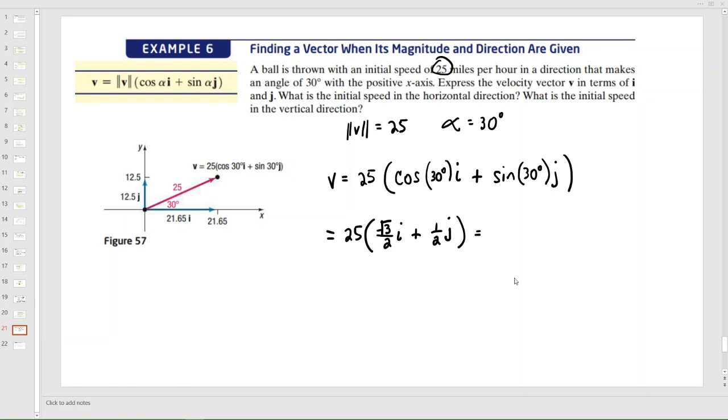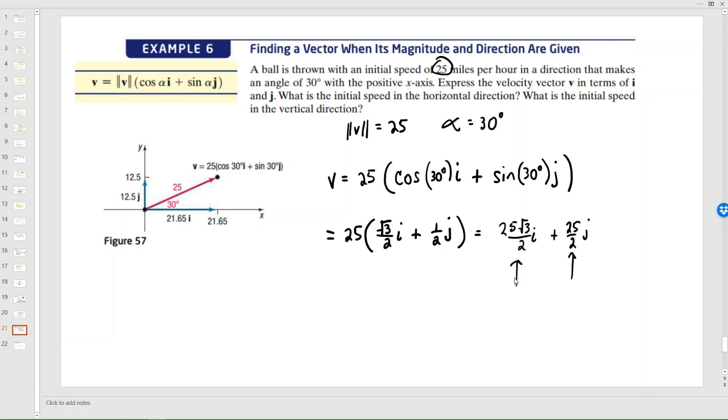So the vector v breaks down to 25 times the square root of 3 over 2 i plus 25 halves j. And this value here is the part of the force that's going in the direction of the x-axis, and this is the part going in the upward direction along the y-axis.